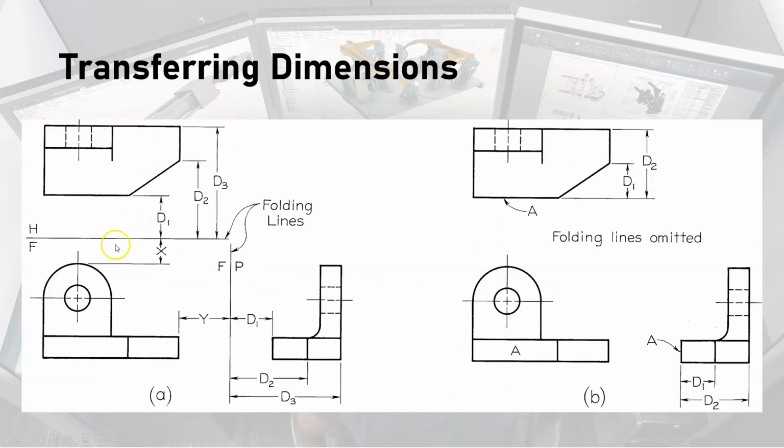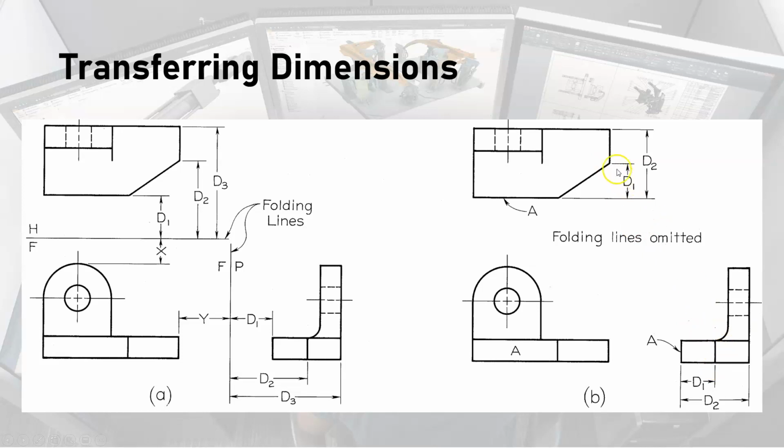Dimensions, if we have the views aligned properly, will always transfer between views. So I'd like for you to look at figure B, right? So this dimension, D1, is this dimension right here, D1. That edge, basically, we're looking at the point view of an edge, is shown right here in what we might call the edge view.